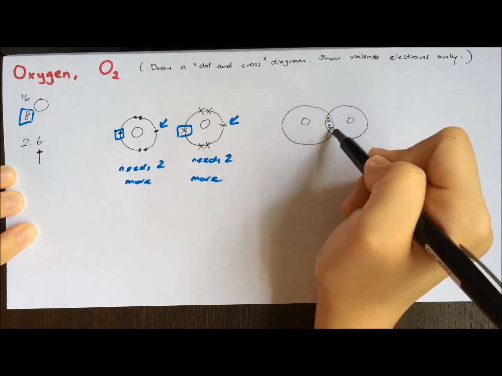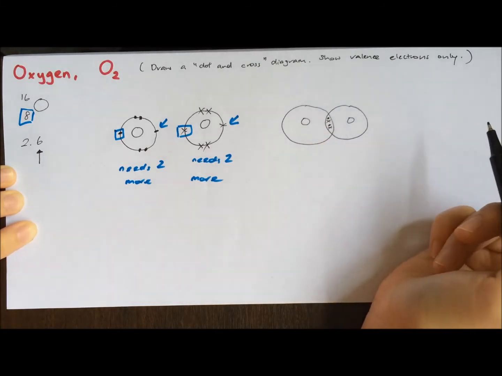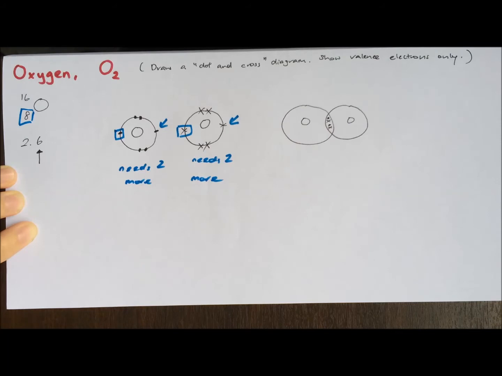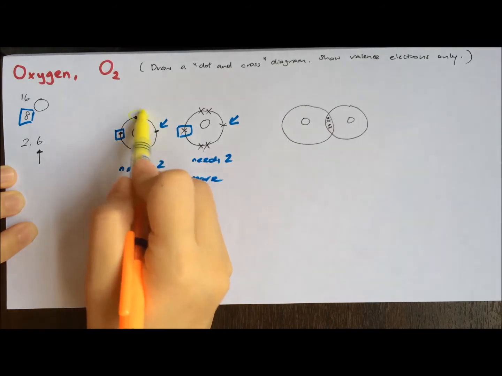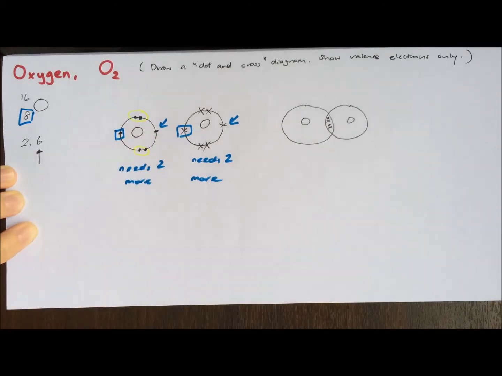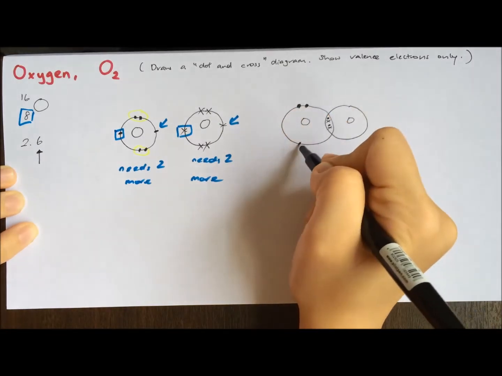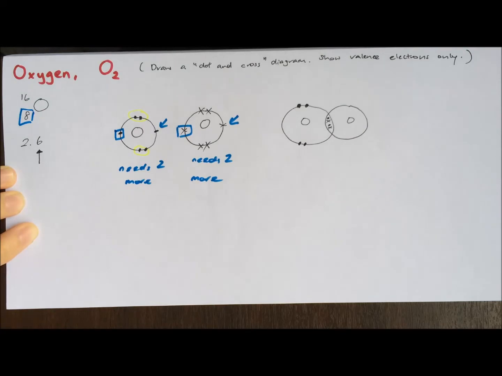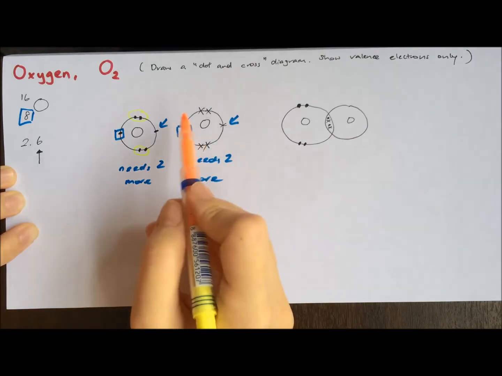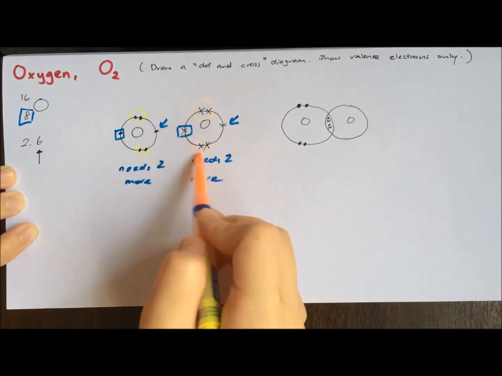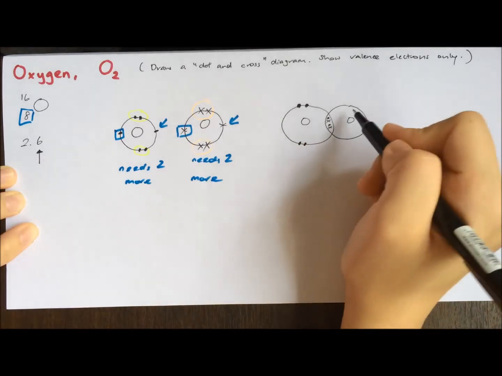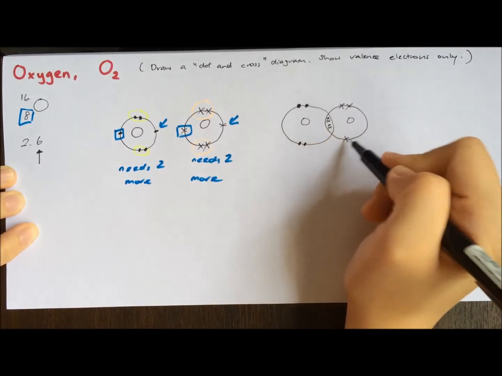So we draw one dot, one cross, one dot, one cross, all in the center. Then be careful, there are 2 pairs of electrons left, so we draw 2 dots on top, 2 dots at the bottom. Same for the other oxygen atom, 2 crosses, top and bottom. So we add them in.